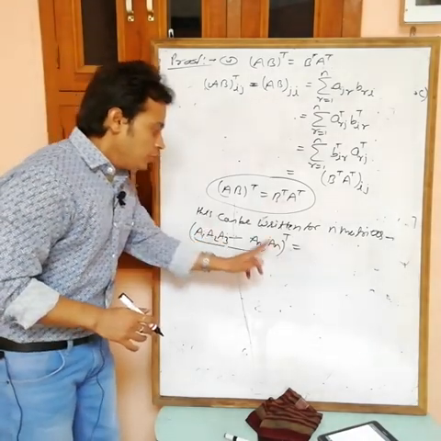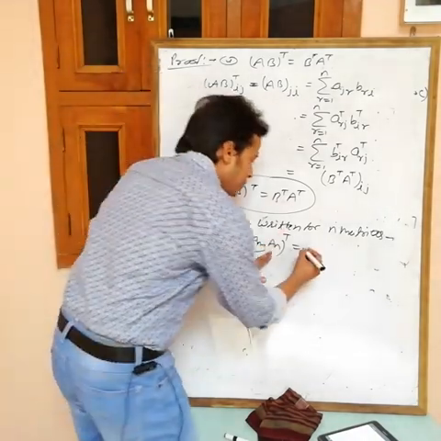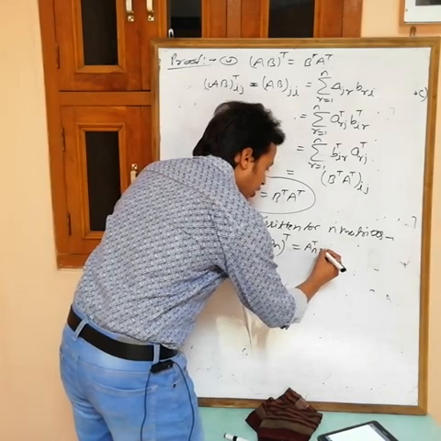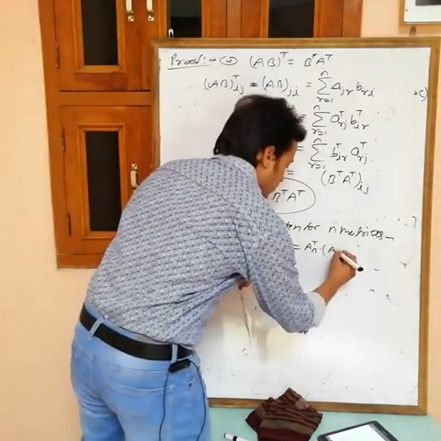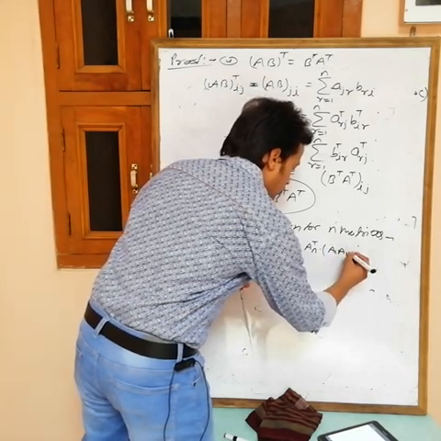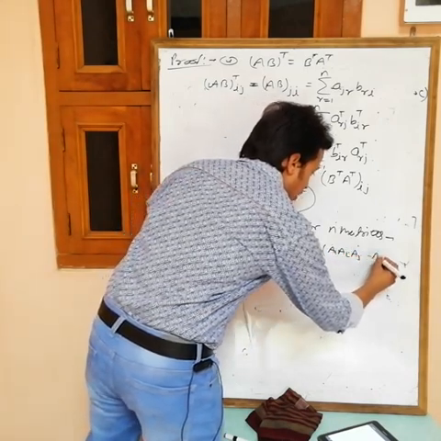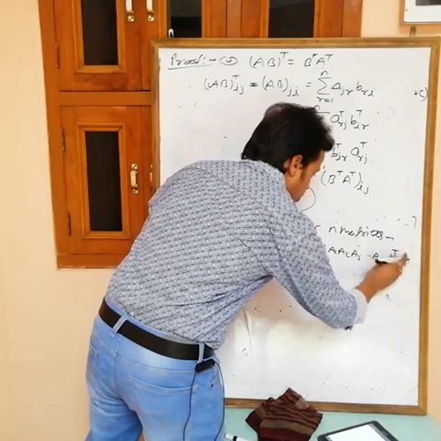Now (A into B) transpose can be written as B transpose into A transpose, which means An transpose into (A1 into A2 into A3 into An minus 1) transpose.